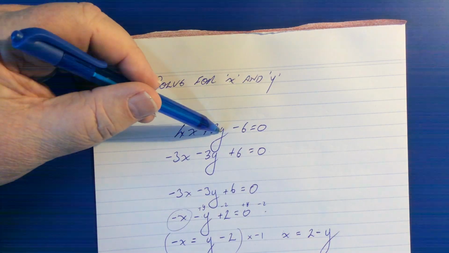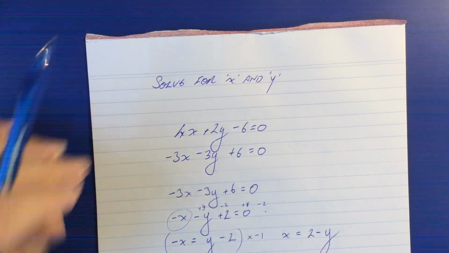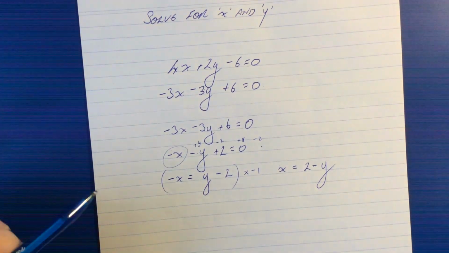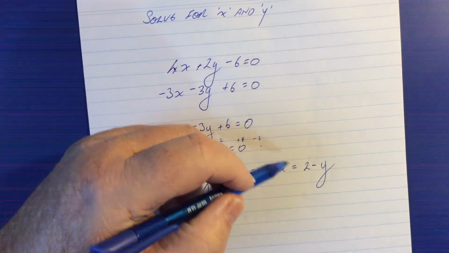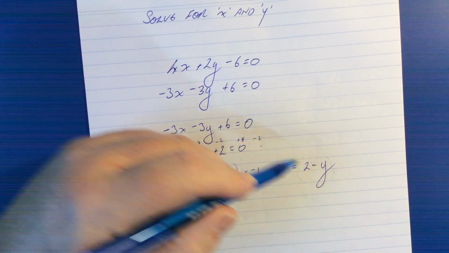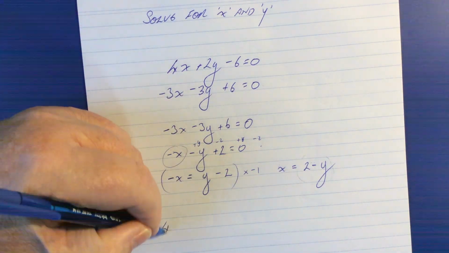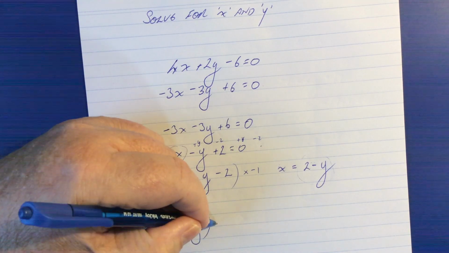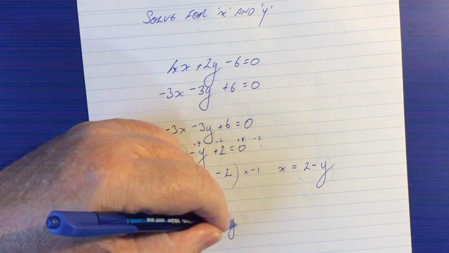So let's take this equation, 4x plus 2y minus 6 equals 0, and we're going to substitute this in for x.